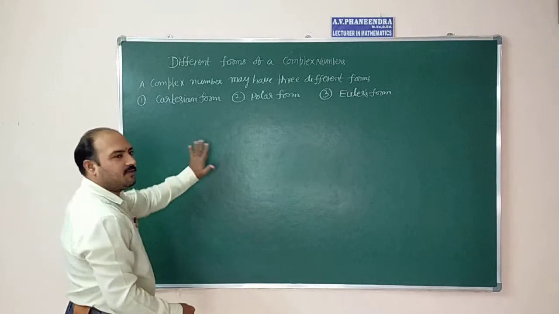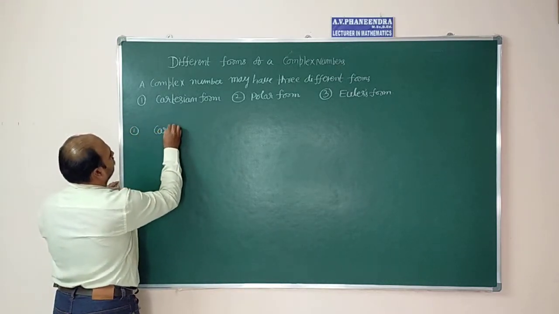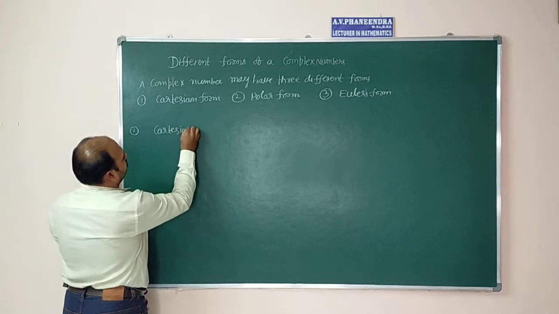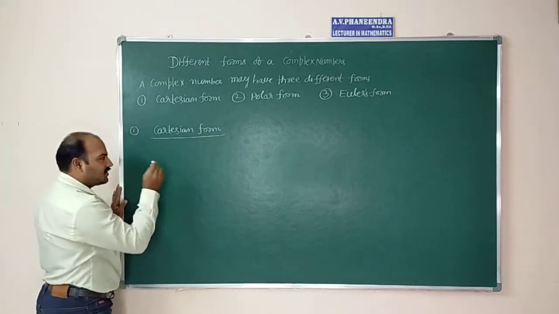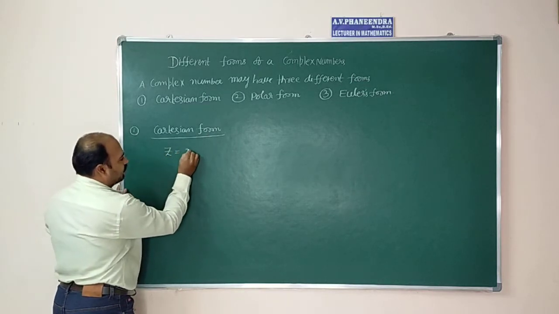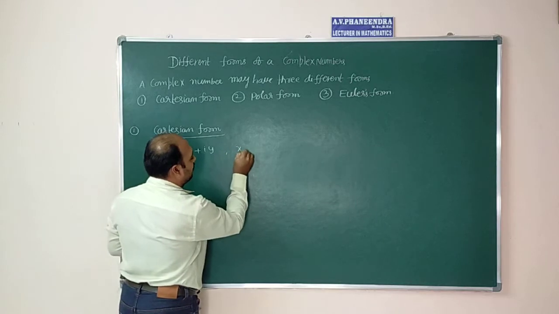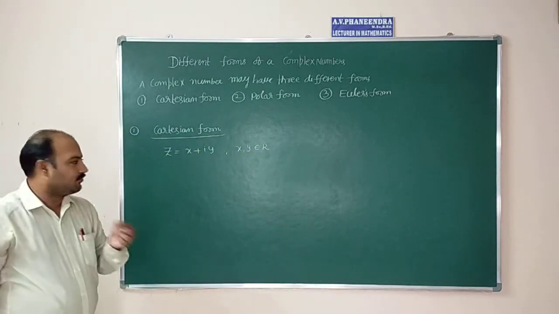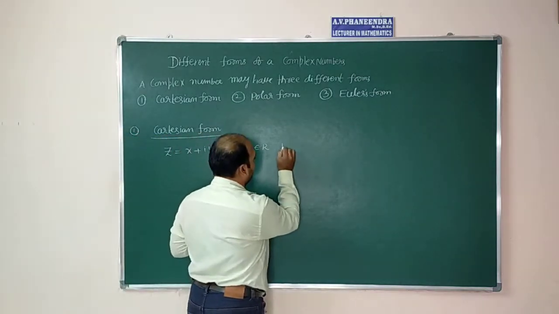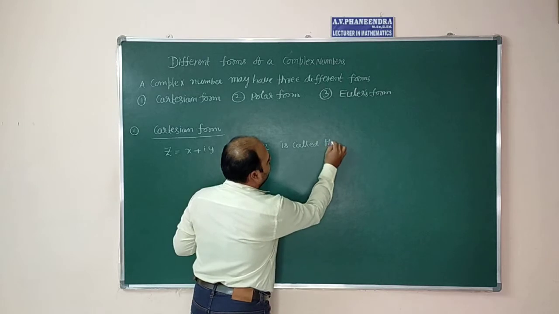First of all, Cartesian form. The complex number of the form x plus iy, where x comma y belongs to real numbers, is called the Cartesian form.